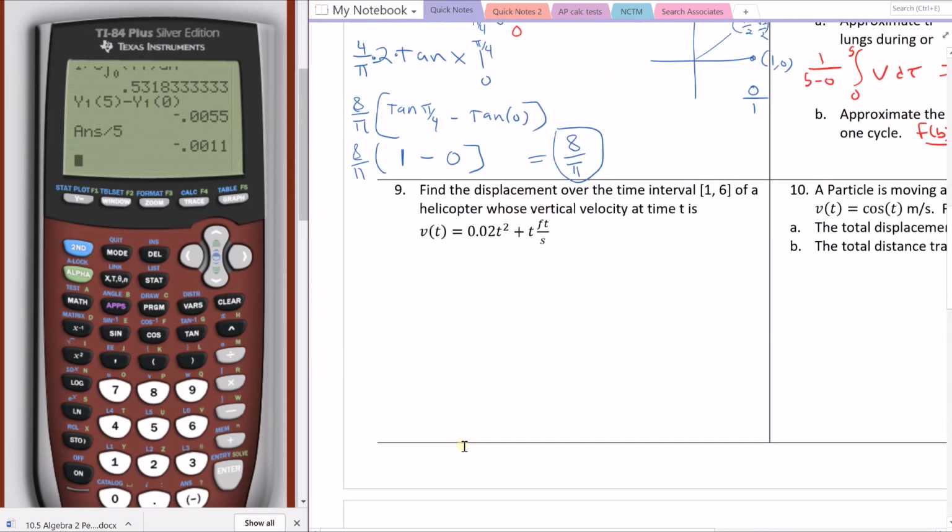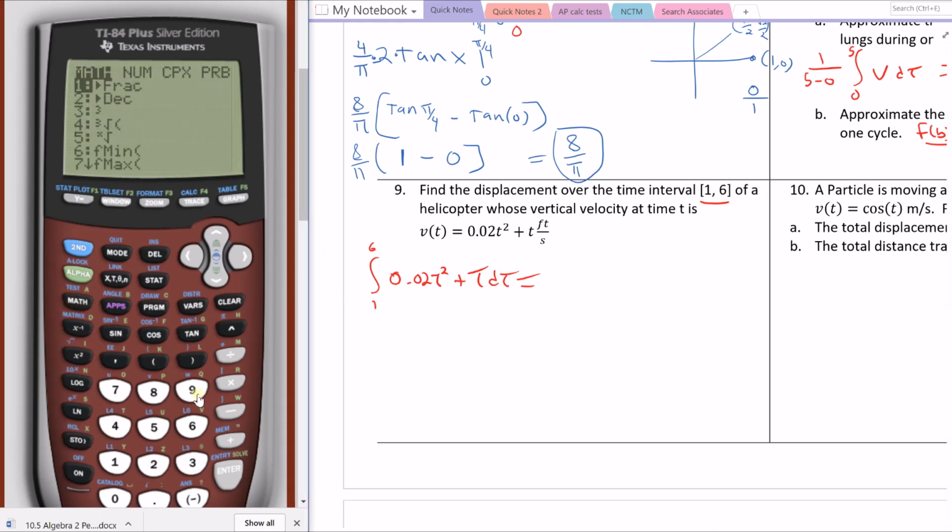All right, let's keep going. Find the displacement over the time interval 1 to 6 of a helicopter. Again, displacement is simply integrating over the interval 1 to 6 our velocity, which is 0.02 t squared plus t, dt. All I have to do is integrate that thing. So let's do it. Math, and this was a calculator problem.